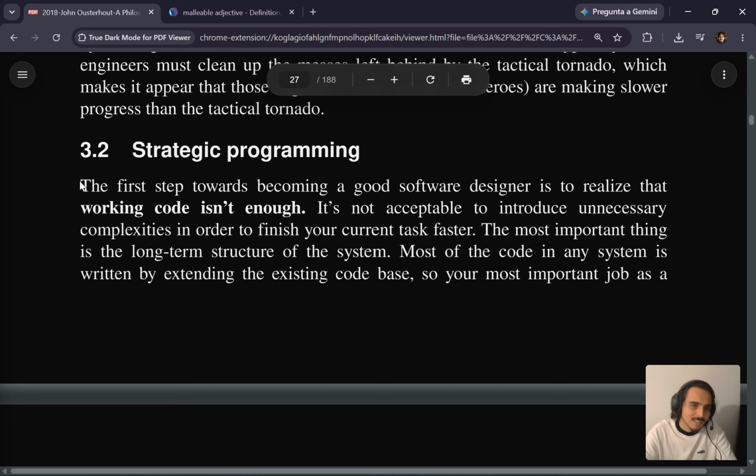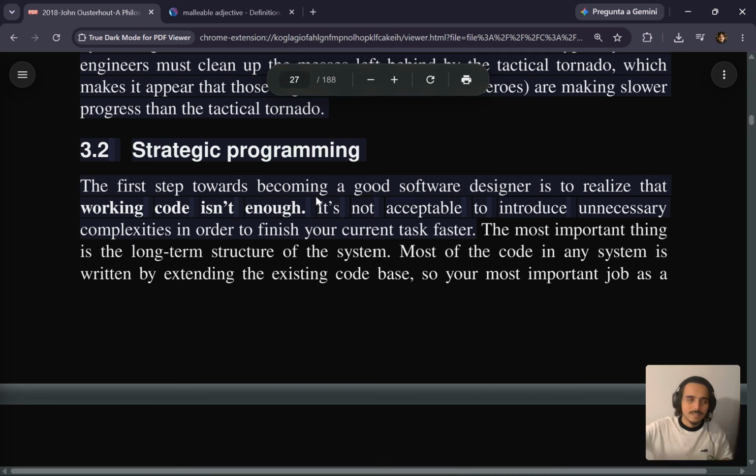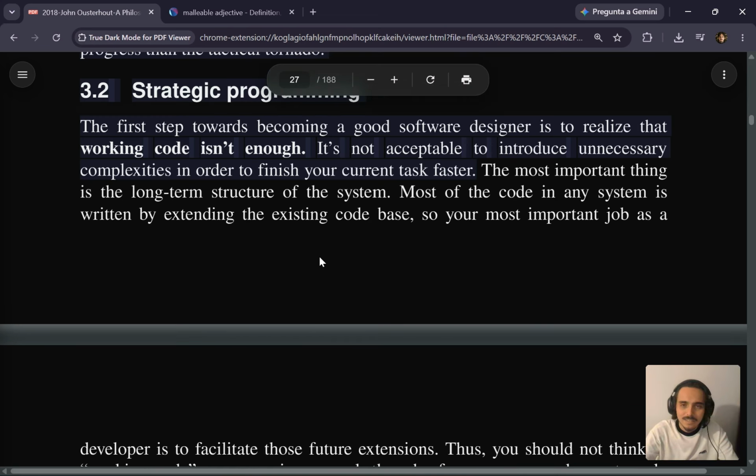But the word of this guy is heavier than mine, so I will take it carefully. Let's say this statement, and I will remember this. So the approach is that we have to try to avoid tactical programming as much as possible. But still, I believe that there will be tiny moments in life in which tactical is needed. So let's continue.